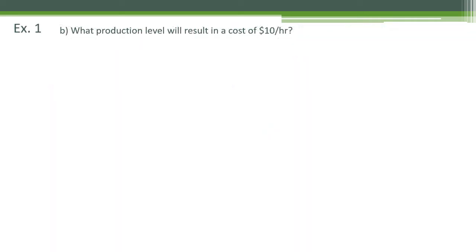Same question, part B. What production level will result in a cost of $10 per hour? This is asking you for a specific value.